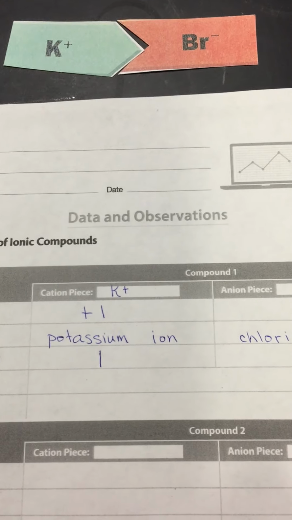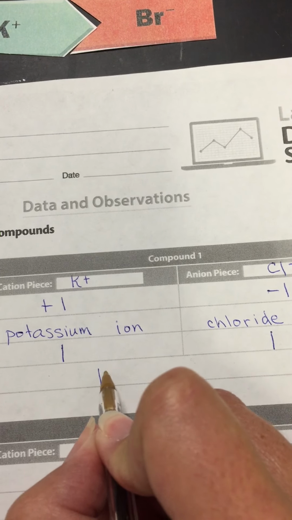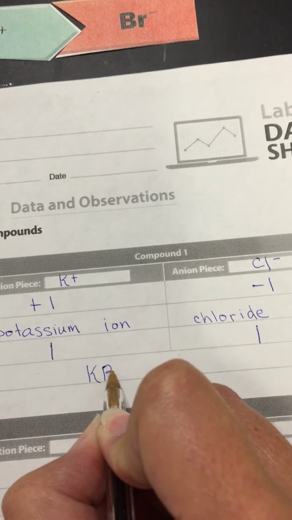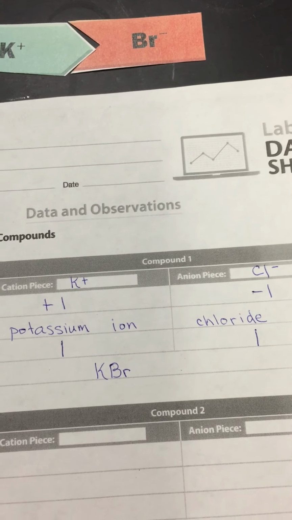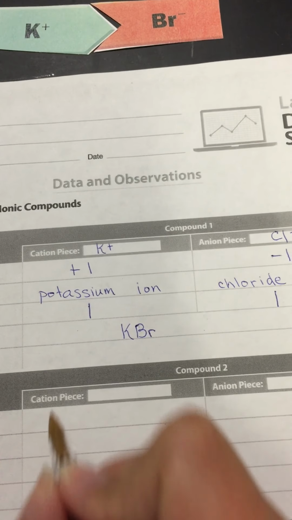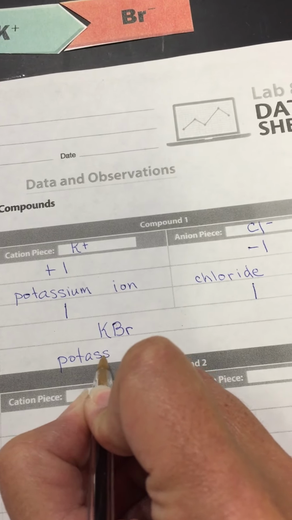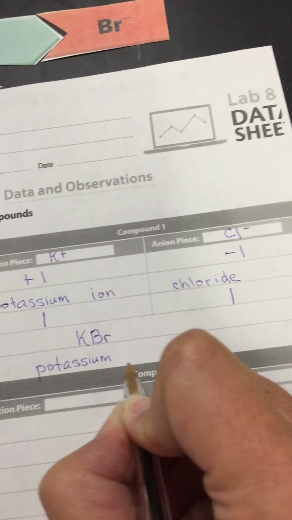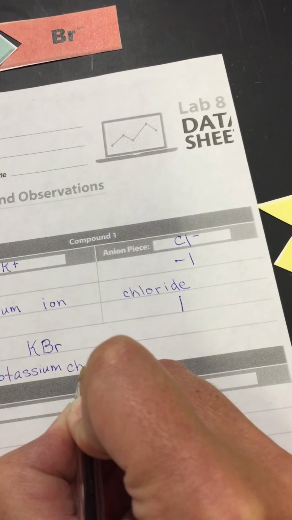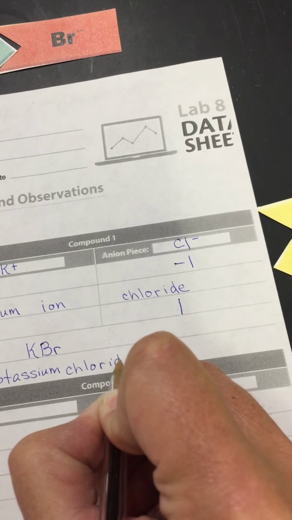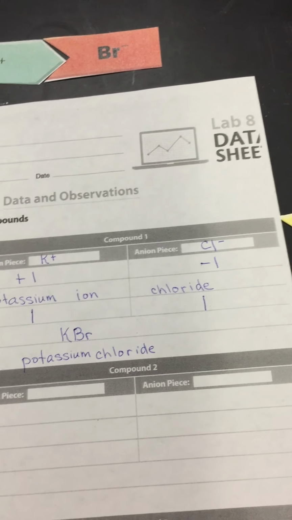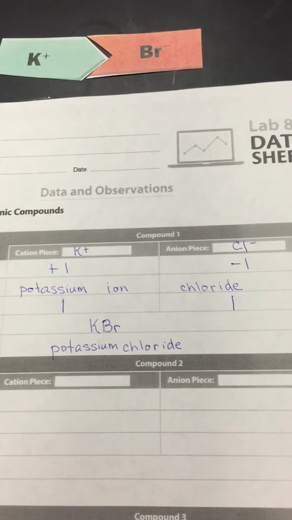In the formula, it's neutral, so we don't write charges. It's just KBr, element symbols. And the compound name, you just put it together from what you wrote up above: cation first, anion second. That would be potassium bromide.